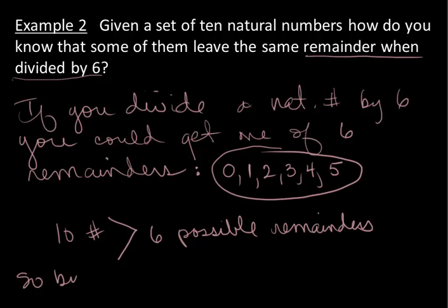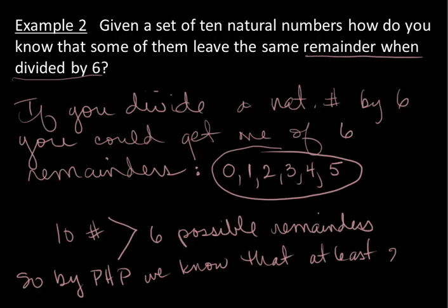So by the pigeonhole principle, by PHP, we know that at least 2 numbers will leave the same remainder.